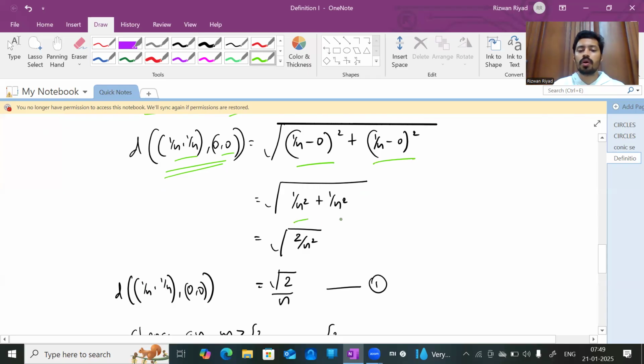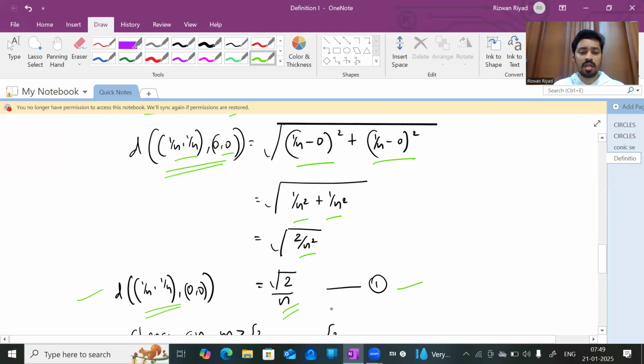This becomes 1/n squared plus 1/n squared, which is 2/n squared. So that means root 2 by n. This is the distance between (1/n, 1/n) and (0, 0). Suppose this is equation number 1.